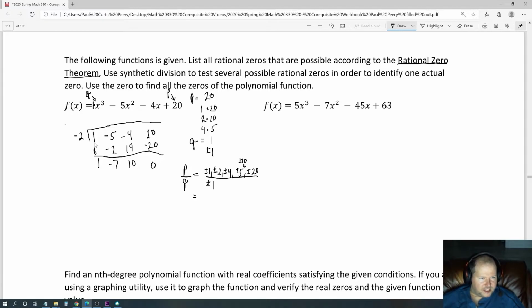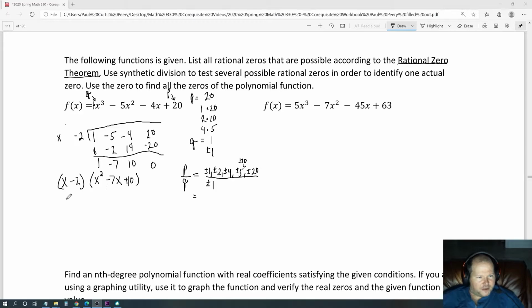Let me turn this back into another polynomial. This is going to be x squared because it used to be cubed, minus 7x plus 10. And what I factored out would have been x minus 2.